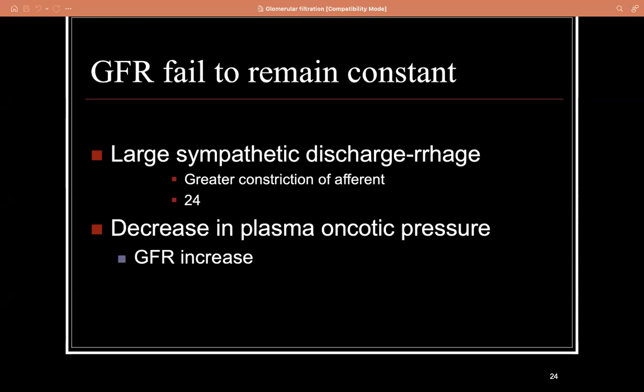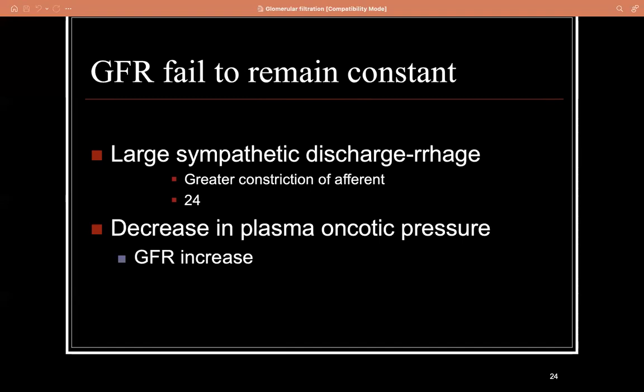But suppose autoregulation fails, and what can make autoregulation fail? GFR will then fail to be constant.